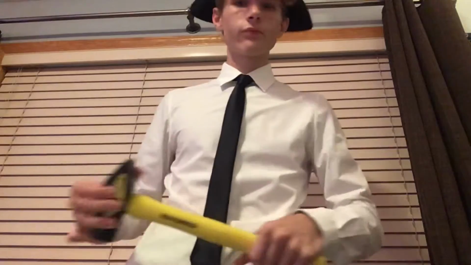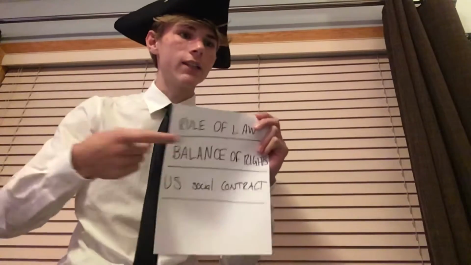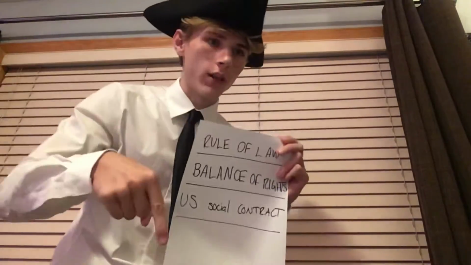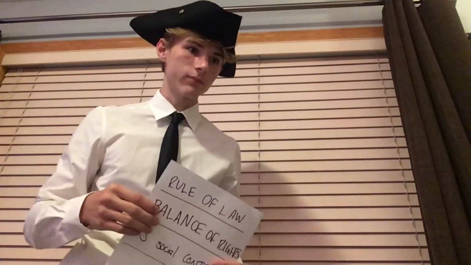But before we get into the details, we should start with some history. First off, the rule of law is the idea that the law applies to everyone, even those in charge of the law. You understand? Right?